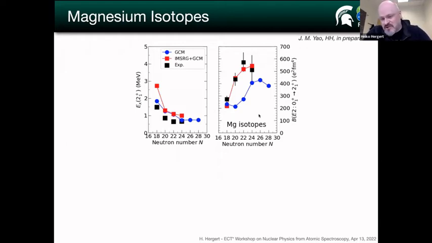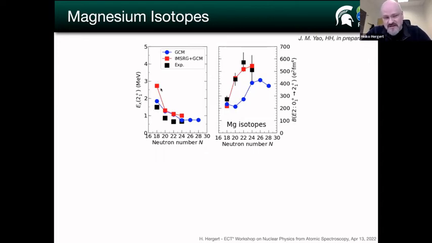In fact, it's a bit too good, because we know that this interaction underpredicts the charge radii, as we saw, by 5 to 6%. So you probably shouldn't lie exactly on top of this curve. Plus, there is this effect on the 2+ energy in magnesium 30 that is over-predicted. But we believe we understand that now.